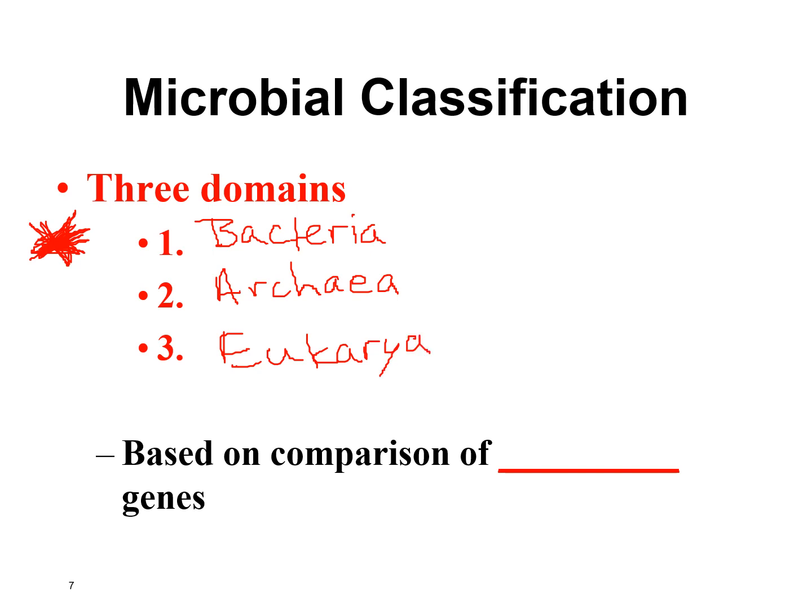Okay, so those are the 3 domains that if we find a new organism, we will classify them into one of those 3 domains. Now, how we figure out which domain this new organism belongs into depends.